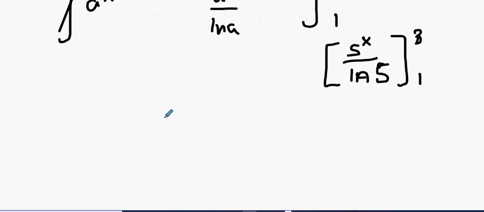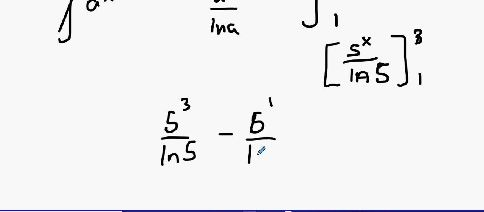We get 5 to the power of 3 all over ln 5 minus 5 to the power of 1 all over ln 5. You can lob that into your calculator if you want, or some of you may have written it like this.